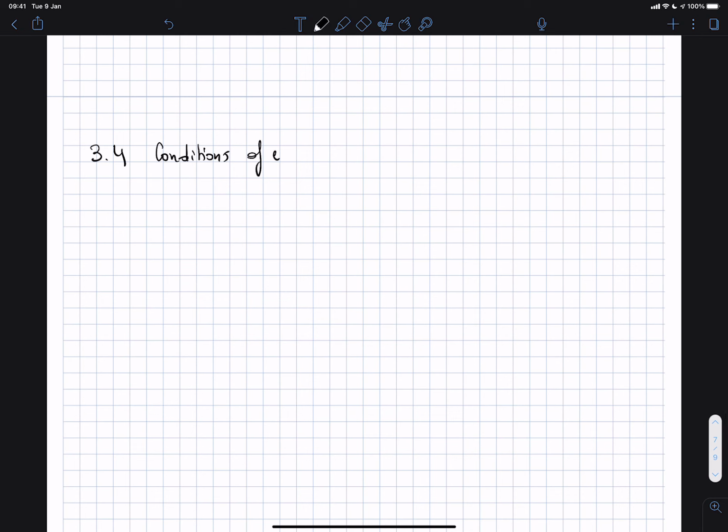Now, conditions of existence of causal and stationary solutions.